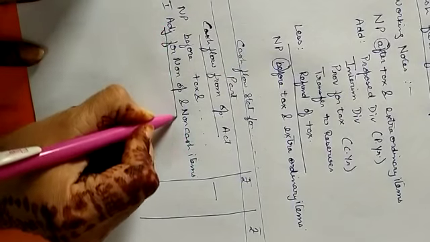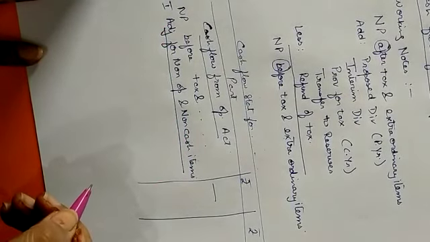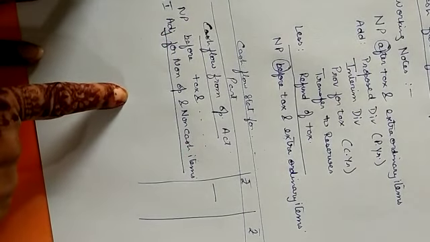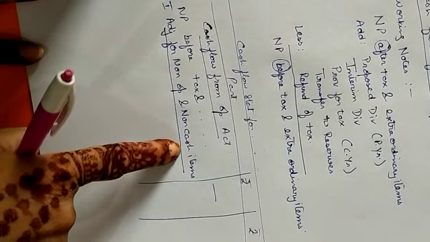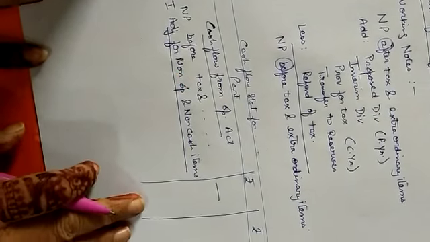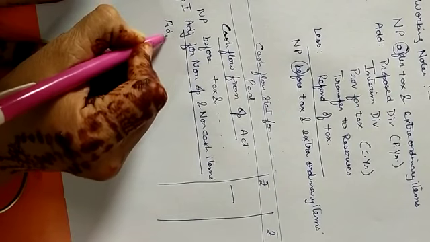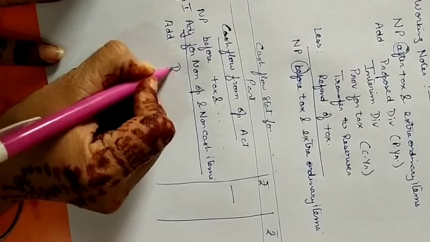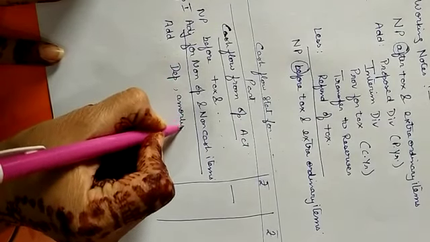All the non-operating expenses and non-cash expenses which were deducted earlier will be added back, and all non-operating and non-cash incomes, although there is no non-cash income, which were added earlier will now be deducted. So we will add all. There are only two non-cash expenses, that is depreciation and amortization.